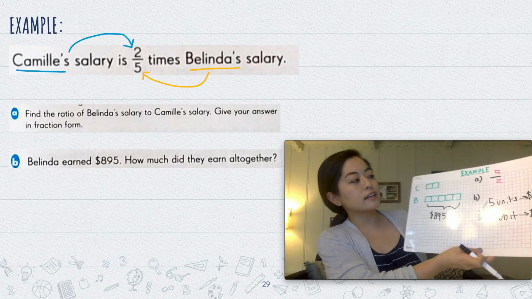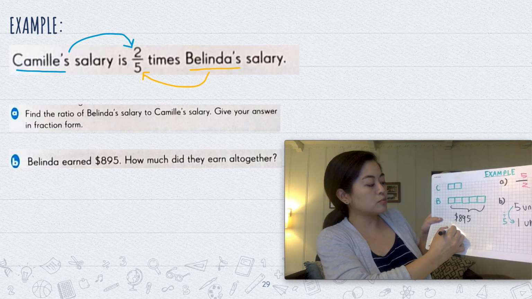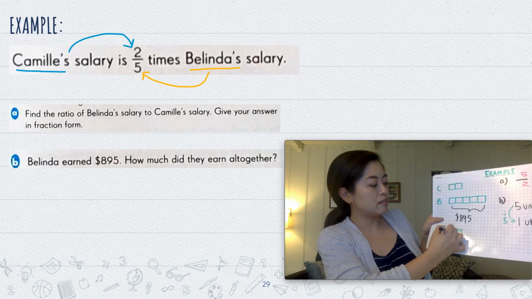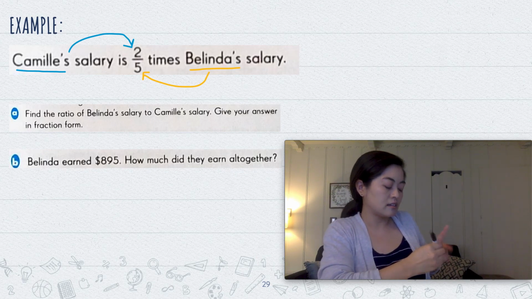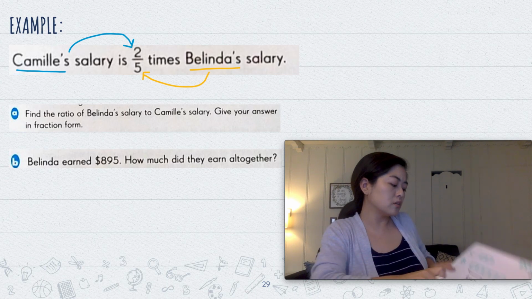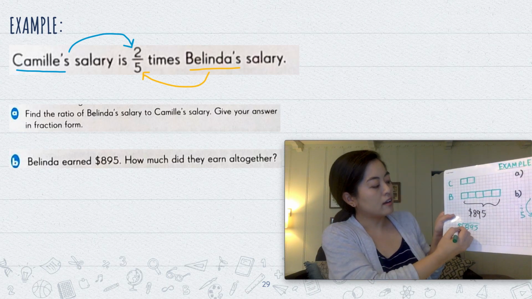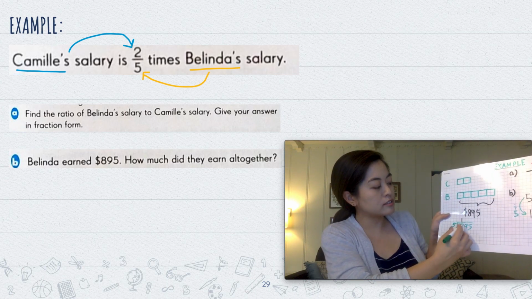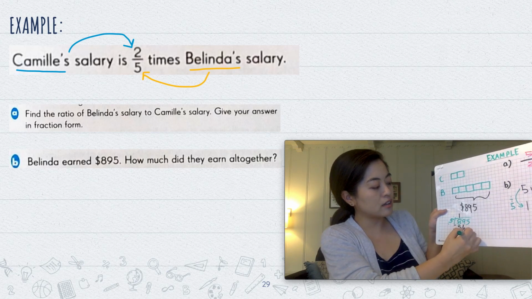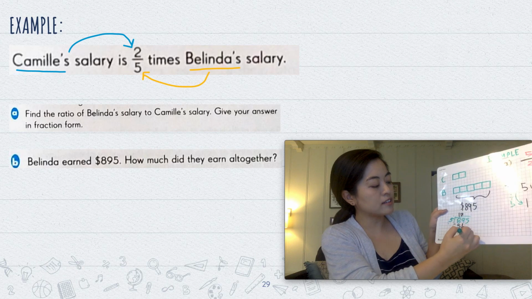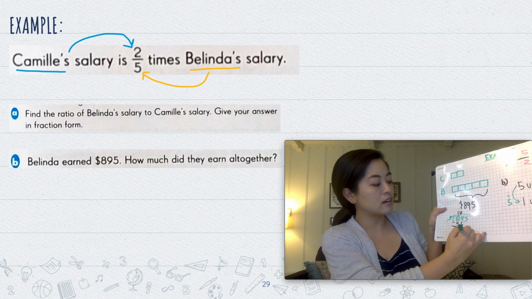Okay. 895 divided by 5. I'm going to do my work over here. So messy. So let's see. Okay, 5 times 1 gets close to 8 without going over, and that gives you a 3. 5 times 7 gets close to 39 without going over.